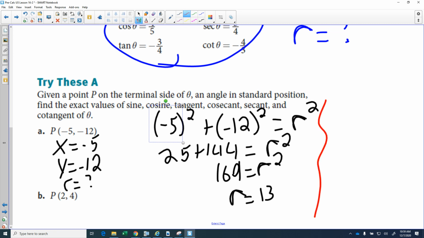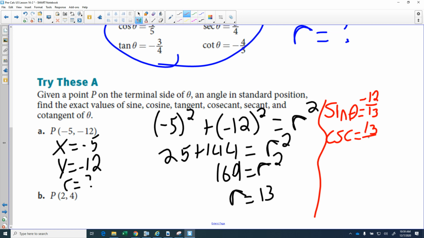Okay? So we know we have x is -5, y equals -12, and r equals 13. So now if I wanted to label out all my different values, let's say I wanted to find my sine value. My sine value of whatever theta is going to be equal to my y over my radius, which is going to be -12 over 13. But now if I want to find the reciprocal of that, which is cosecant, it's going to be that same sine value, but flipped.